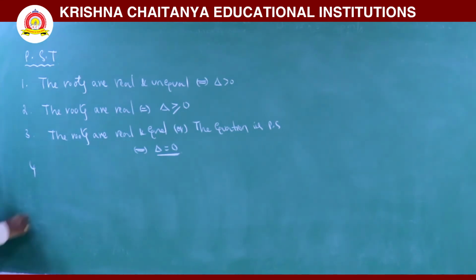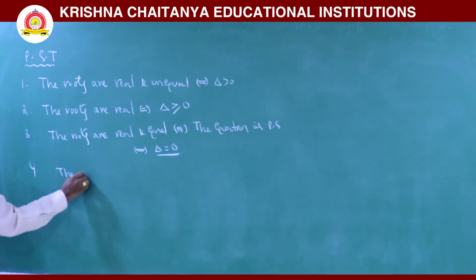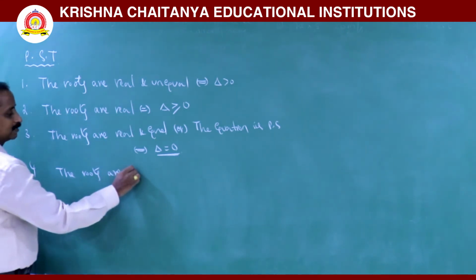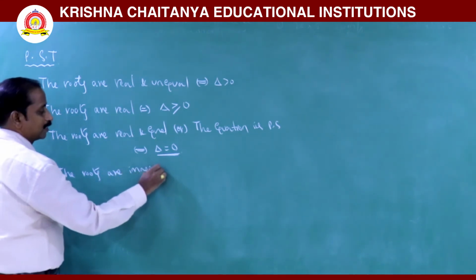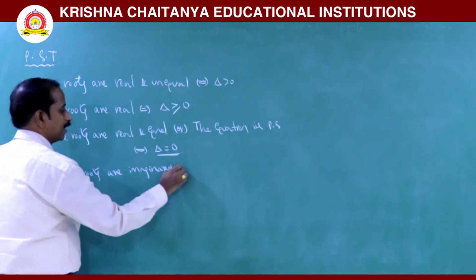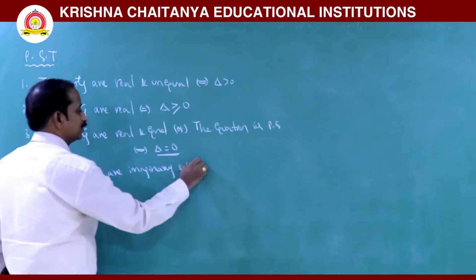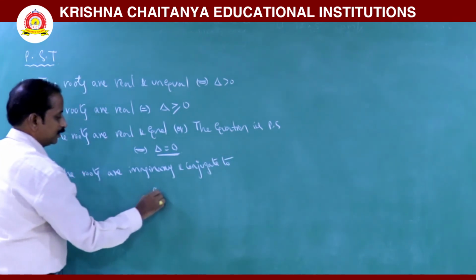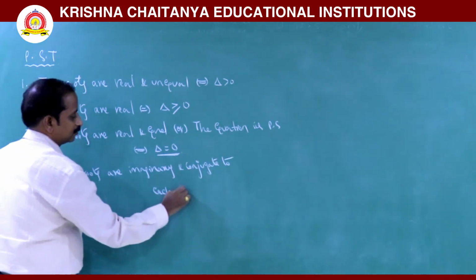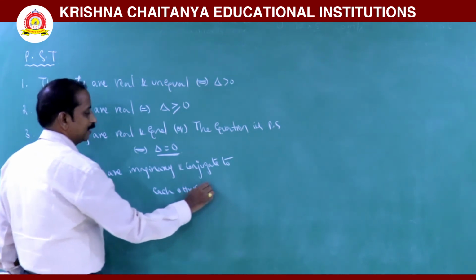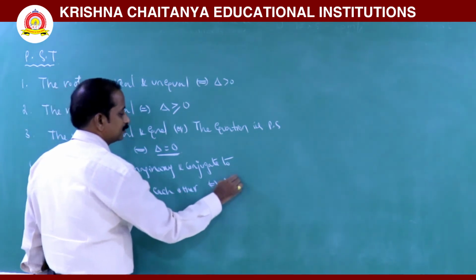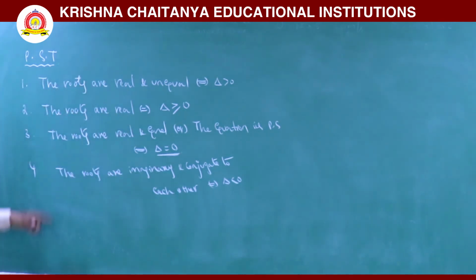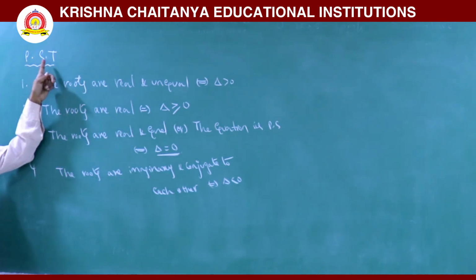Next, the fourth one: if the roots are imaginary and conjugate to each other, we just have to prove that delta is less than 0 when a, b, c belong to R. Now this is nothing but the problem solving trick.